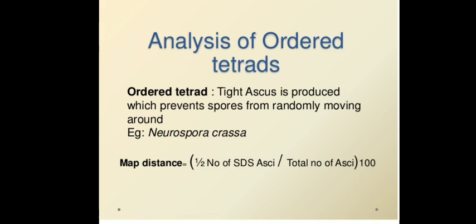For example, in the fungus Neurospora crassa, the ordered tetrad is observed, and the map distance is half the number of tetratype asci divided by the total number of asci, multiplied by 100. This is the formula to calculate the map distance.